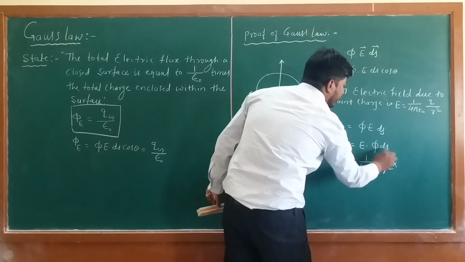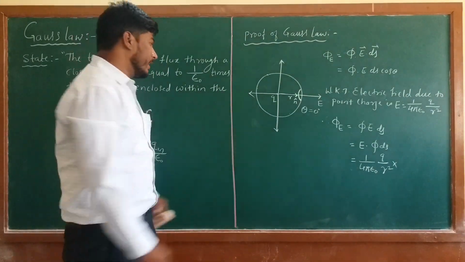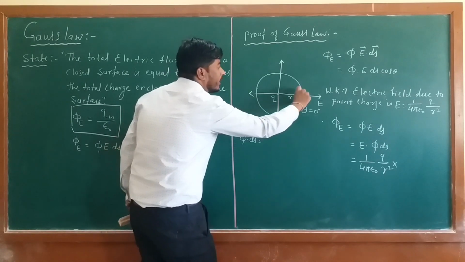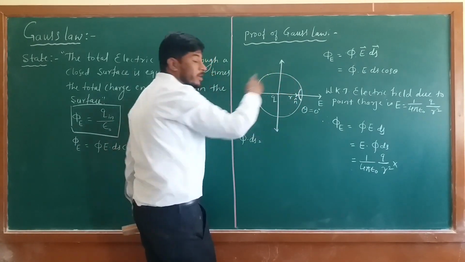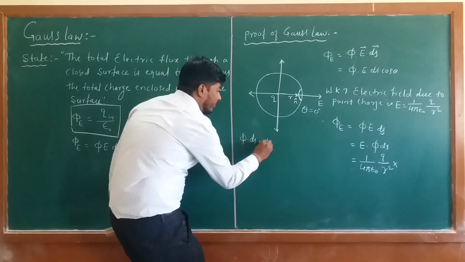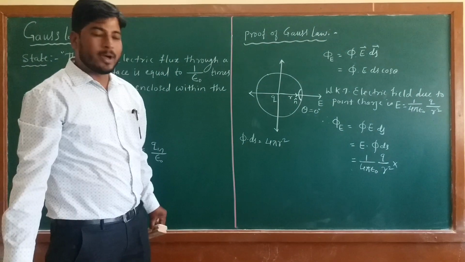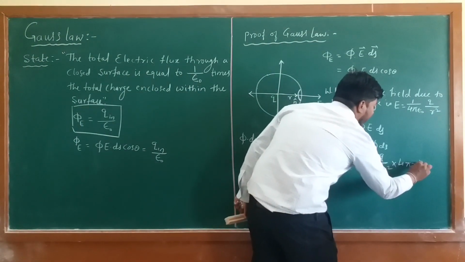And the surface integral of ds is the sum of these small areas. At any point we can calculate the surface area. What is the area of the surface? It is 4 pi r square.